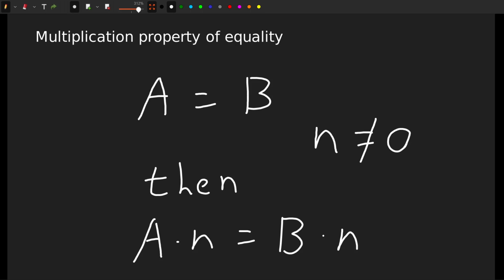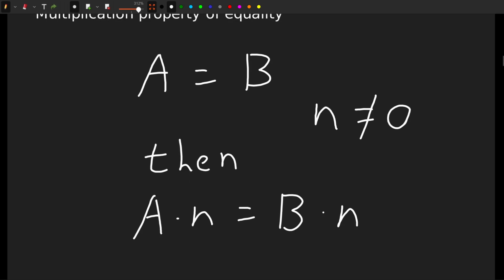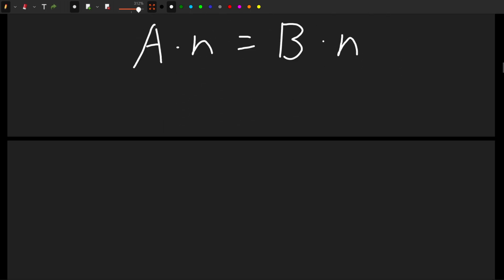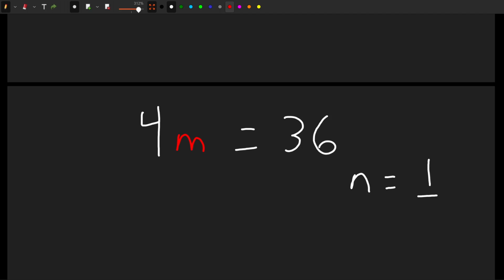A very quick example of that is suppose we have the problem 4m equals 36, and we let n, which is a new variable that we'll multiply both sides by, equal 1 over 4.